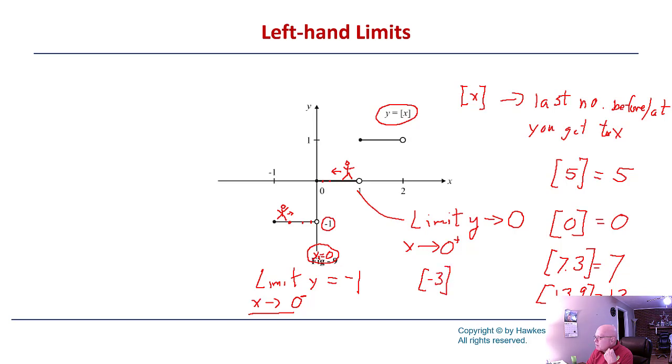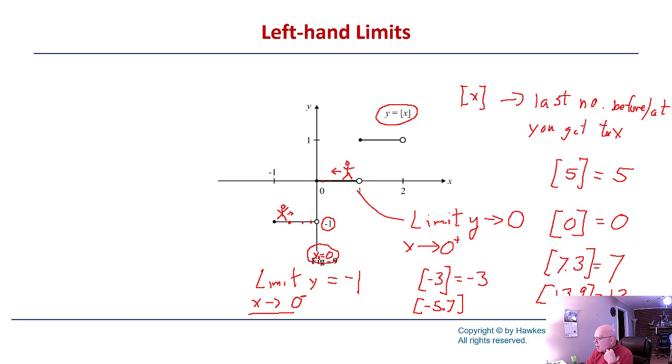Now, as we're coming up to -3 and hit -3, -3 is an integer, so there's a -3. What about a little bit different? What if it's -5.7?